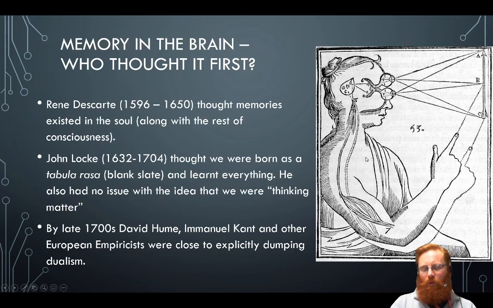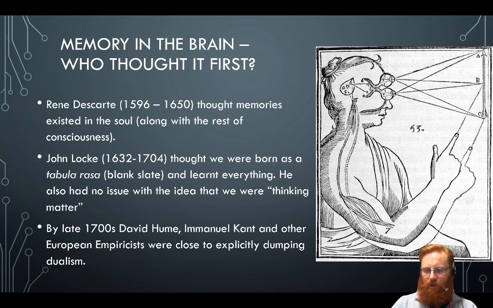And so I wanted to actually try and get to the point where I could say this was the first person who proposed that memories were stored in the brain. It was actually very hard, and I'm still not convinced I've done it. So Descartes, he was this person who sort of formalized the concept of dualism, that sort of there is a body and there is a mind, and the two aren't super related.